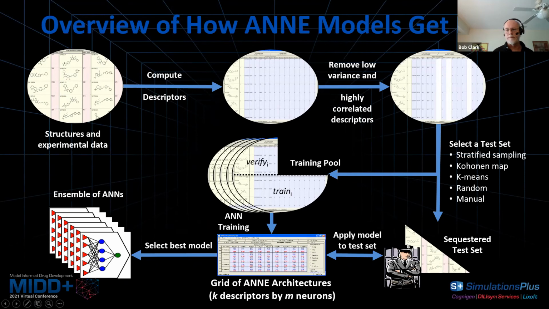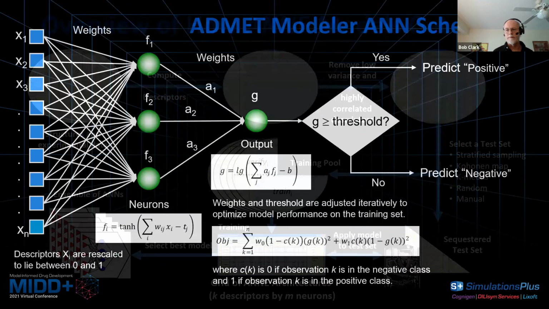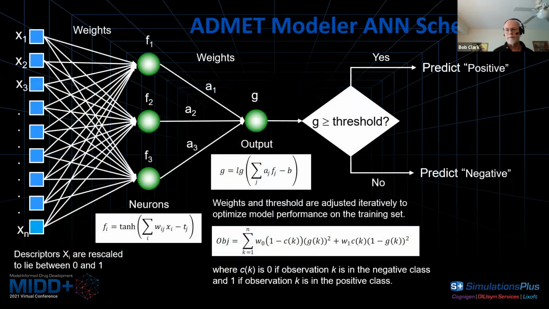This is a model of the artificial neural network itself, laid out. We have a stack of inputs. It's a fully connected neural network, so each input is connected to each of the hidden neurons, a single layer of hidden neurons that are connected to an output neuron.